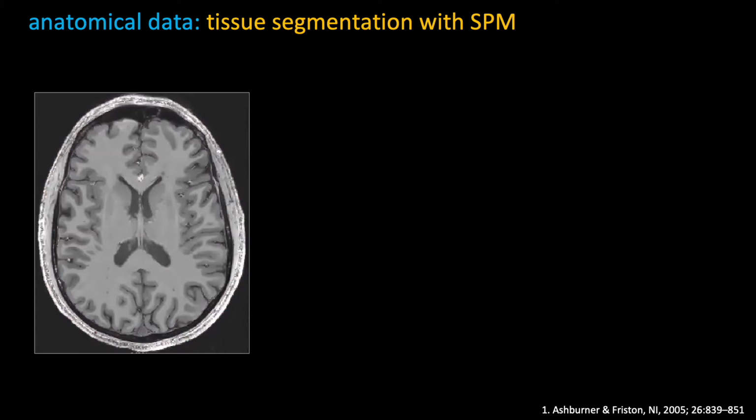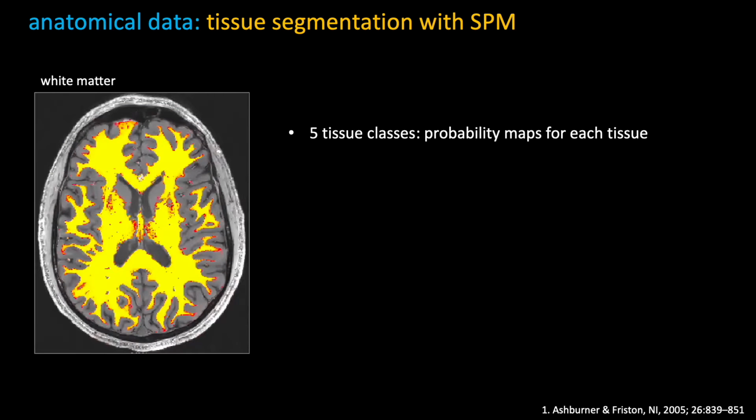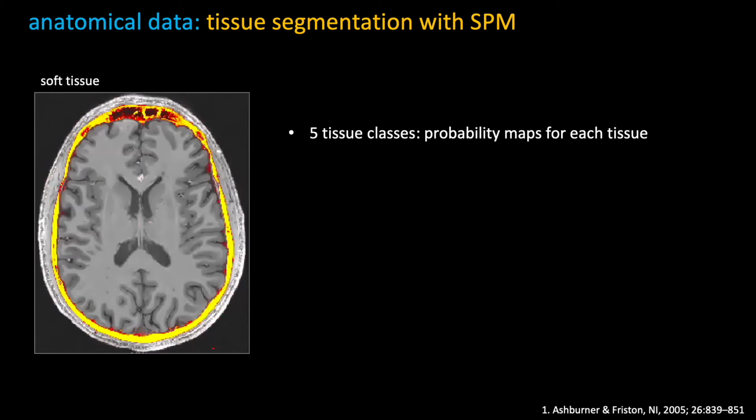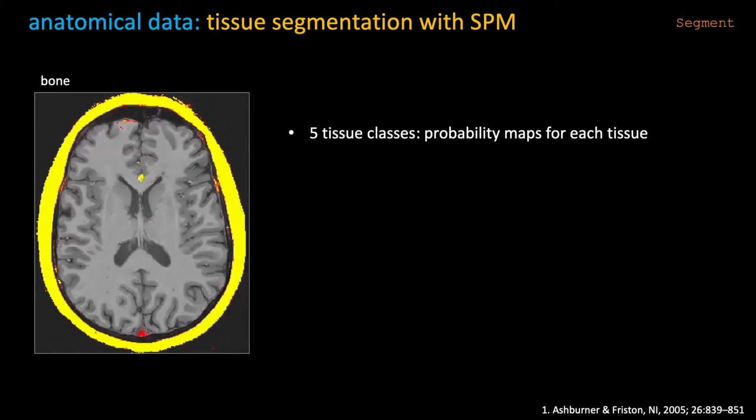And as a byproduct of the SPM bias field correction, we also get the tissue segmentation maps for 5 different tissue classes. So gray matter, white matter, CSF, and also there are 2 extra tissues that are basically outside of the brain, soft tissue, and you can see here the probability values. There is a certain range to this map, and bone.